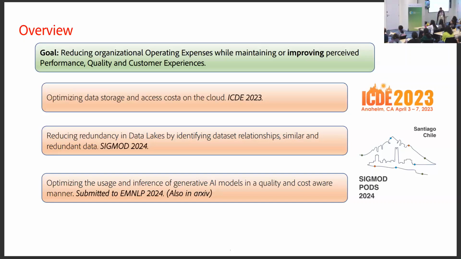And who can escape Gen AI, right? Some of the works that we've recently been doing are on the generative model side. But again, my focus is how do we optimize the costs while keeping the performance the same or improving it. We approach it in different ways. This is also on arXiv, currently in submission. You can go and take a look.